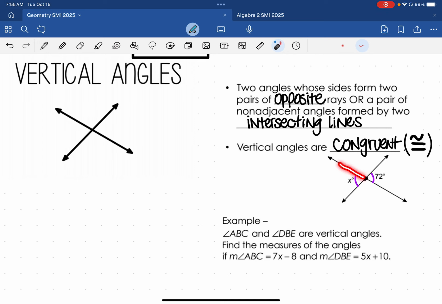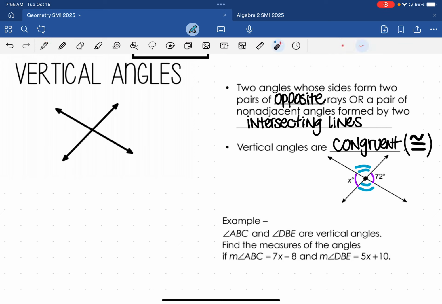If I were to do angle x, this would be its angle. And if I were to do the 72, this would be its angle. The only thing they have in common is that vertex in the center, meaning these two angles are equal. If you look at the other two sets of angles right here, they are also vertical to each other, meaning this angle here is equal to this angle here.